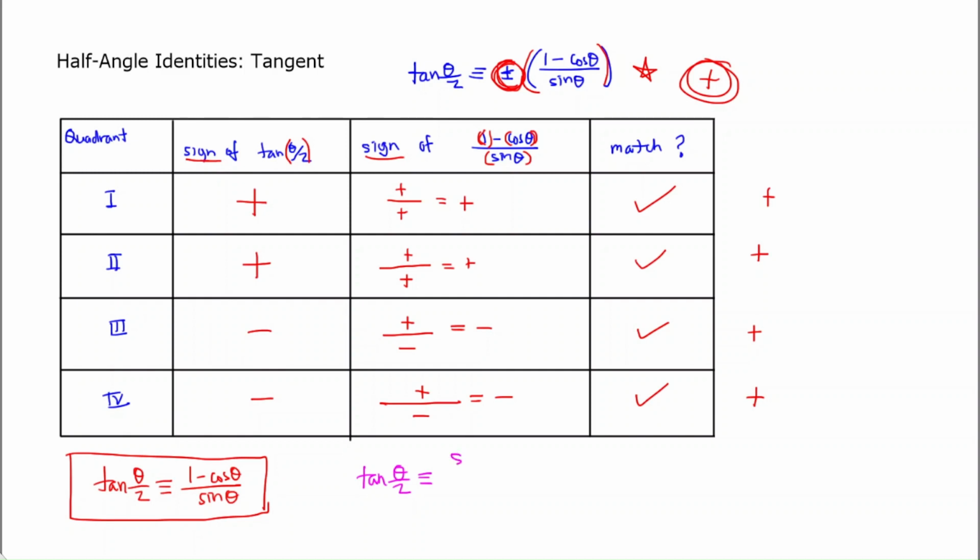And if we had done that, we would have obtained this identity. Now it also would have had a plus or minus if we had taken the square root of something that was squared, perfect squares on both sides. And then we could have gone through this same whole procedure again, and it works out the same way.